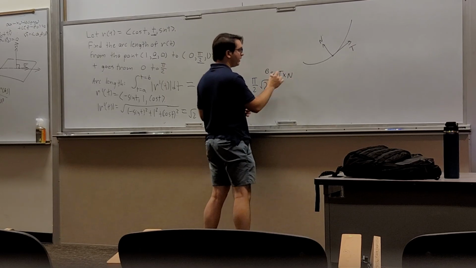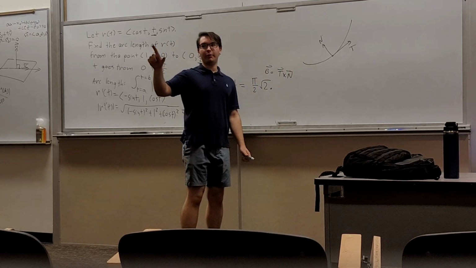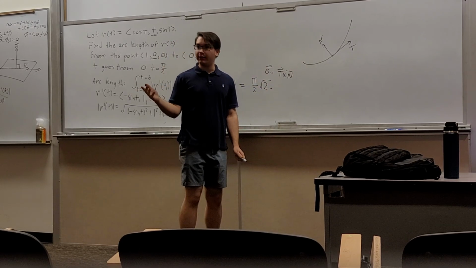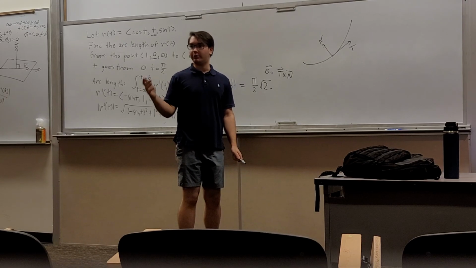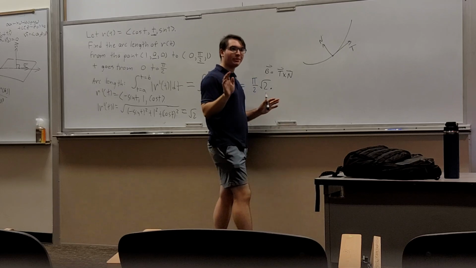What that means is I'm going to take my right hand. By the way, from personal experience, it's important to use your right hand. If you use your left hand, you'll get the wrong answer. Not to say that I've ever done that before.